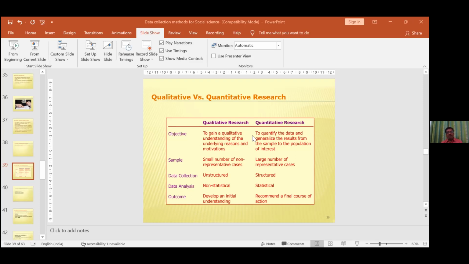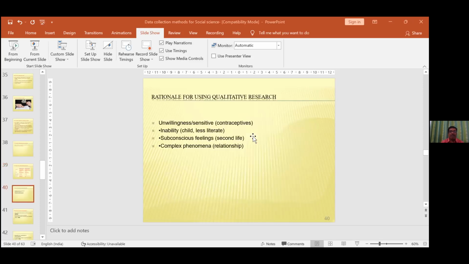Now I would like to discuss qualitative research. What is qualitative research? Certain things cannot be inferred. Before discussing qualitative research, first we should know what is qualitative research and what is quantitative research.